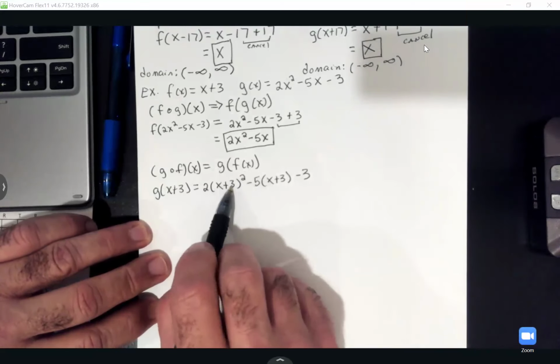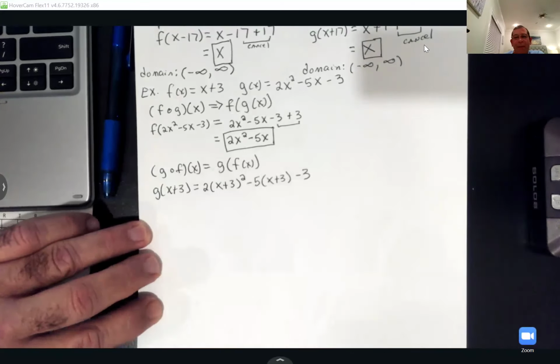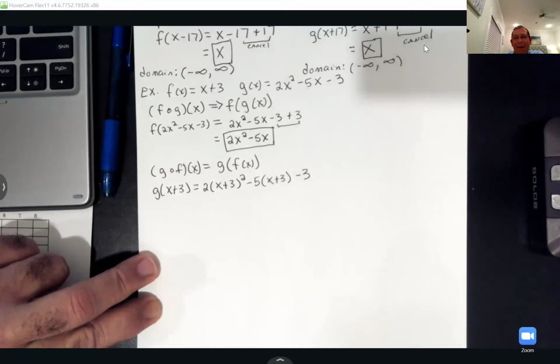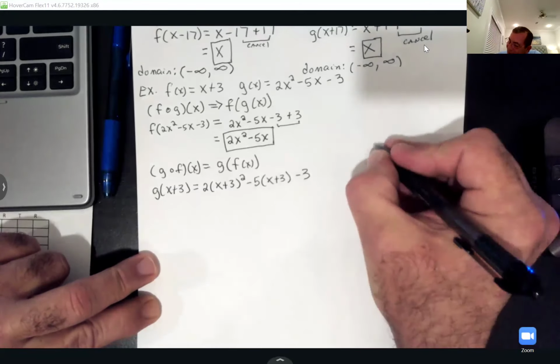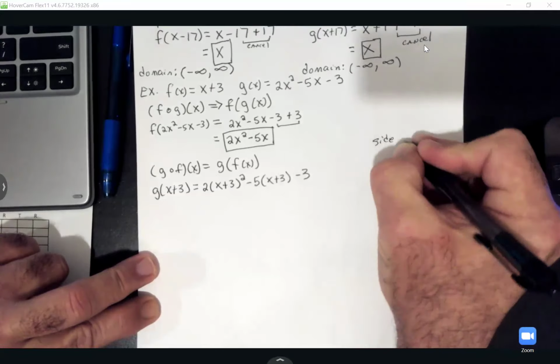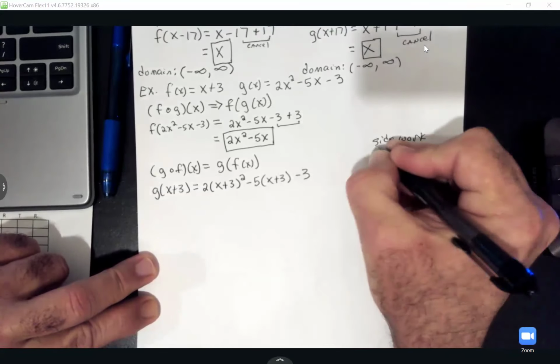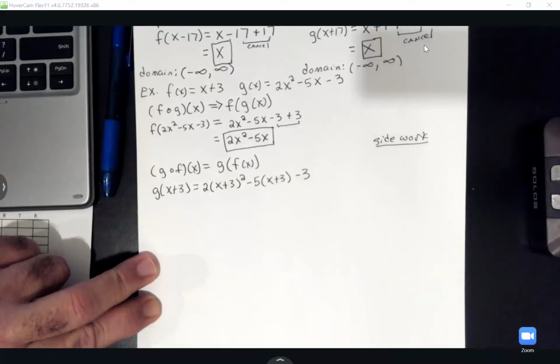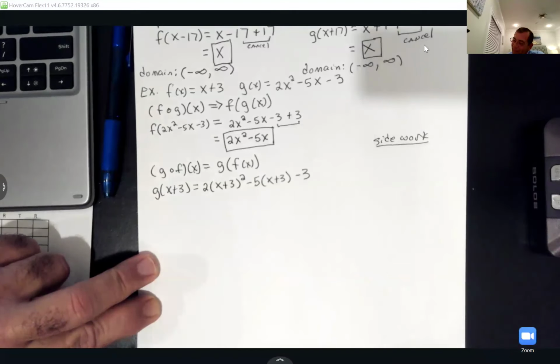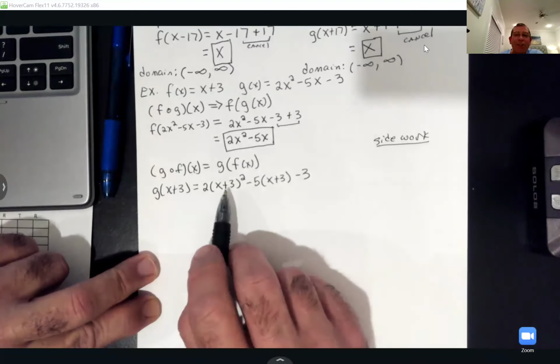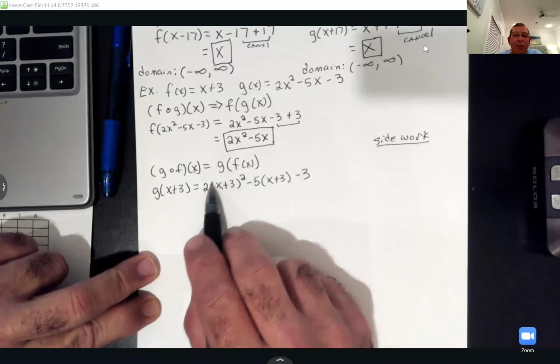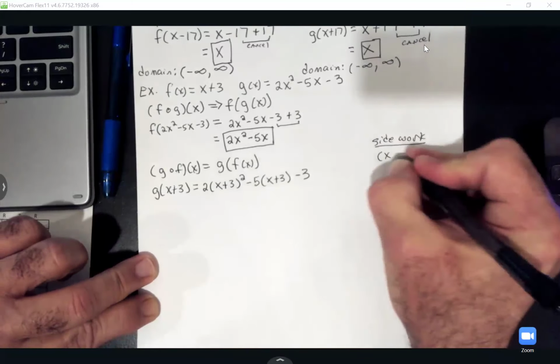Now, what does the x plus 3 squared give us? Wouldn't it be x squared plus 9? Well, would you bring down your x? So let me show y'all what you got to do to this x plus 3 squared.